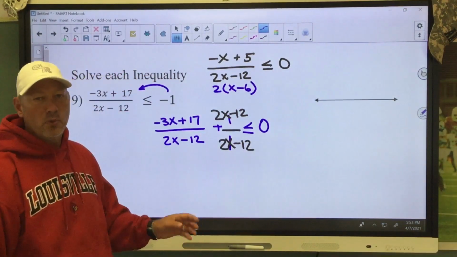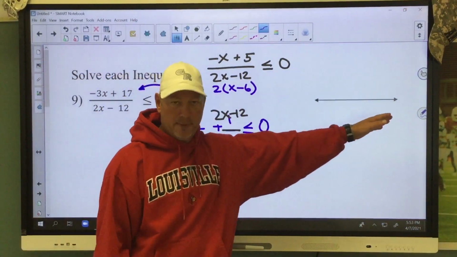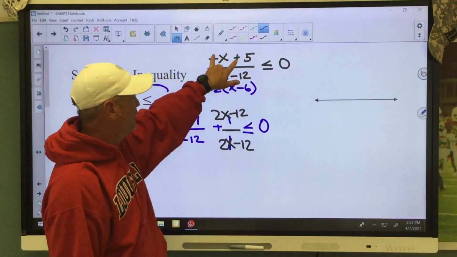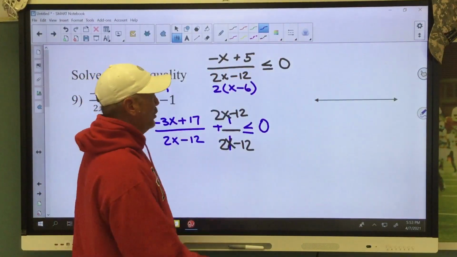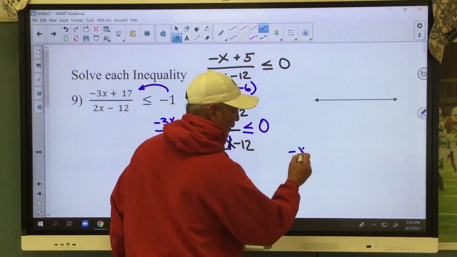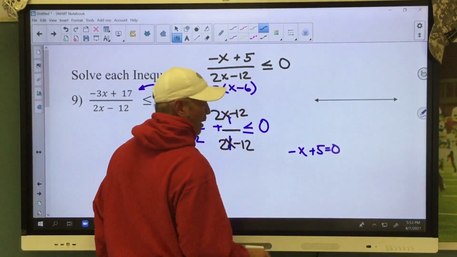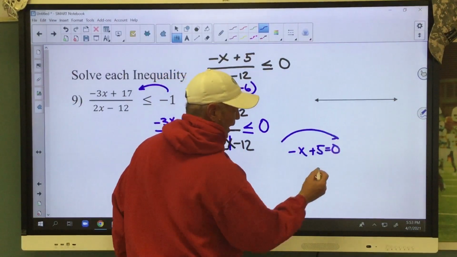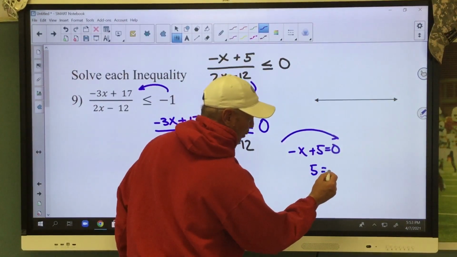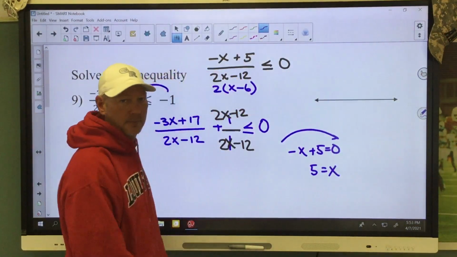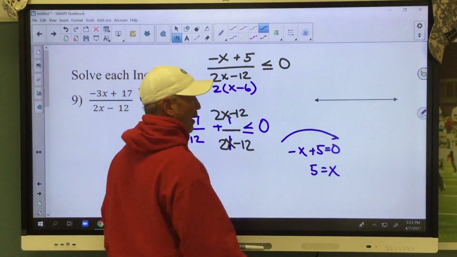Now we can determine what numbers to put on our number line. In this case, you set it equal to 0. You would say negative x plus 5 equals 0. You move the x to the other side, and you're going to get 5 equals a positive x. So we're going to have a 5 on our number line.